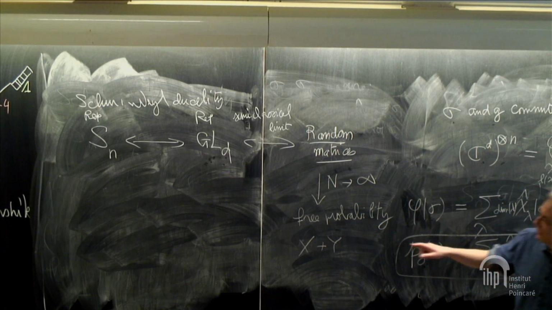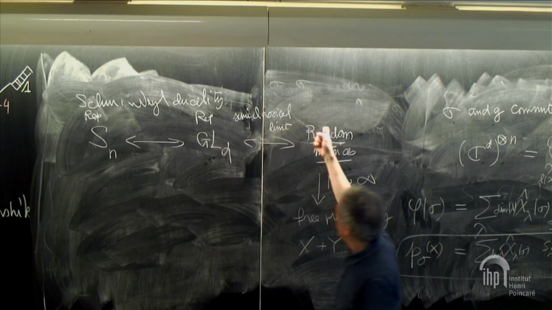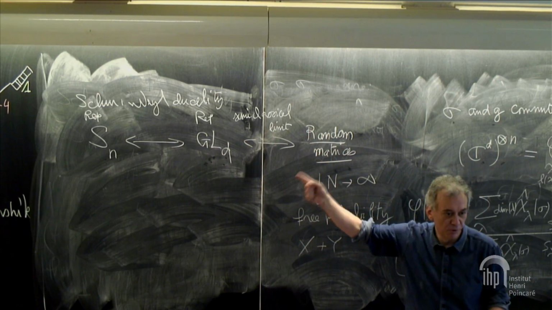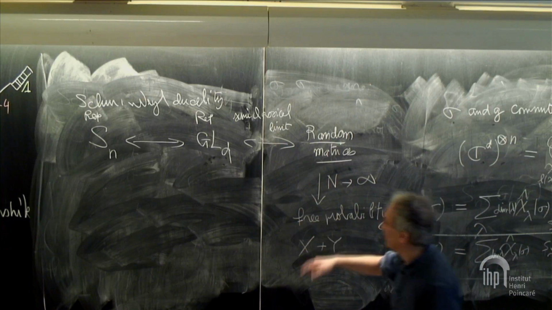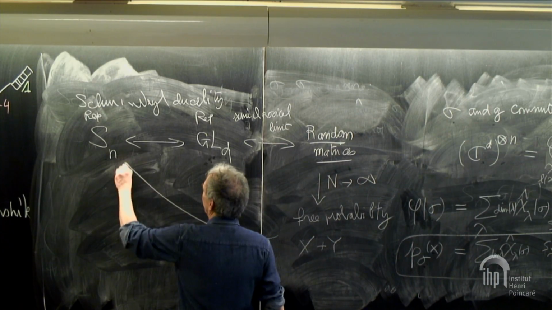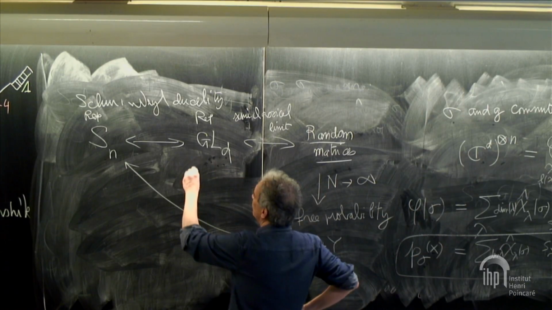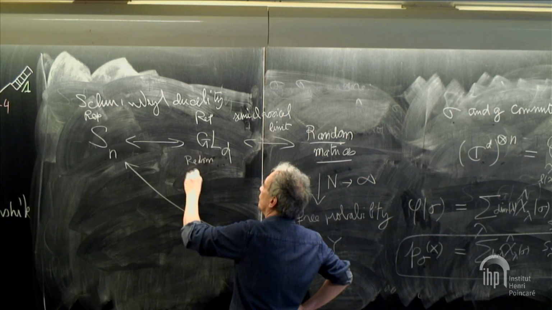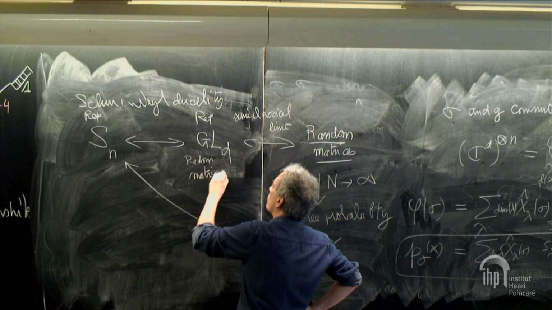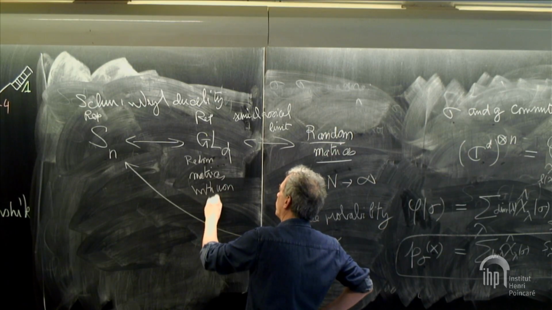There is some relation with representation theory, which is quite far-fetched, because we have to go through all these things. But we will see that there is actually a very direct connection. Here we will have random matrices with non-commuting entries.